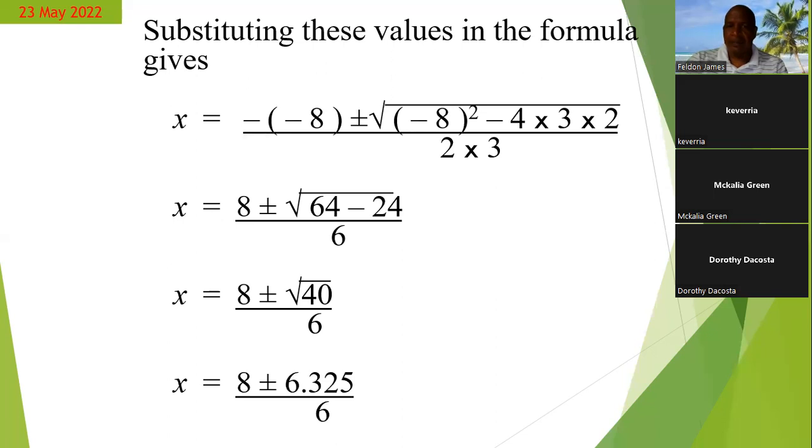Then you will get plus or minus 6.325. Now you're going to do 2 scenarios. In one case, you're going to add the 8 plus the 6.325. And in the other case, you're going to subtract, and then you divide by the 6.